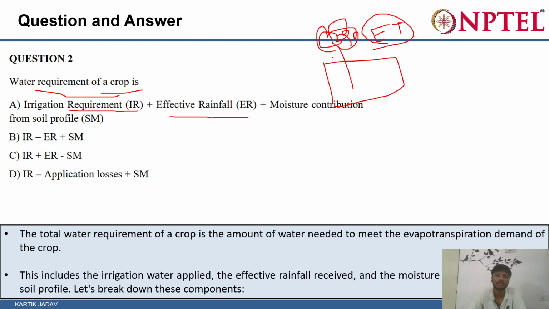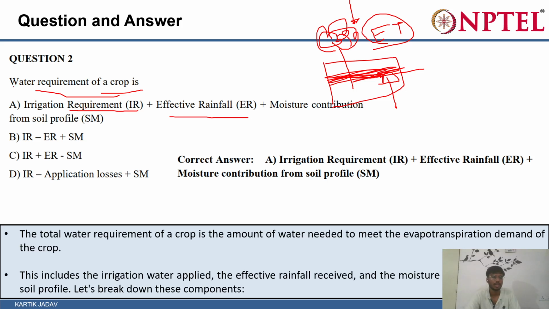Effective rainfall means the amount of rainfall that is directly used by the crop or is available for the crop. And any moisture contribution from a shallow ground water level due to capillary rise is also part of the crop water requirement. So the correct answer is option A.